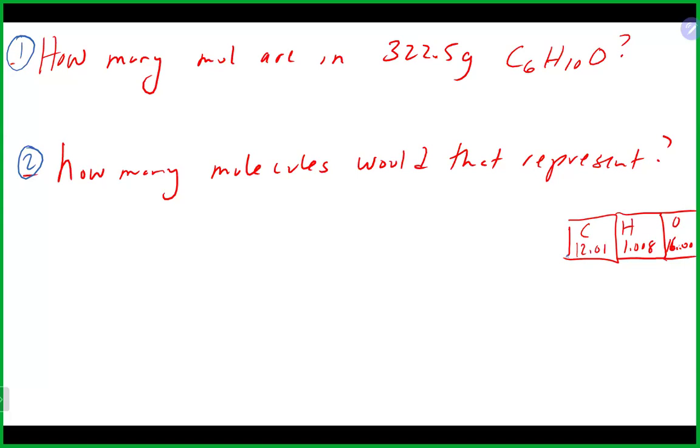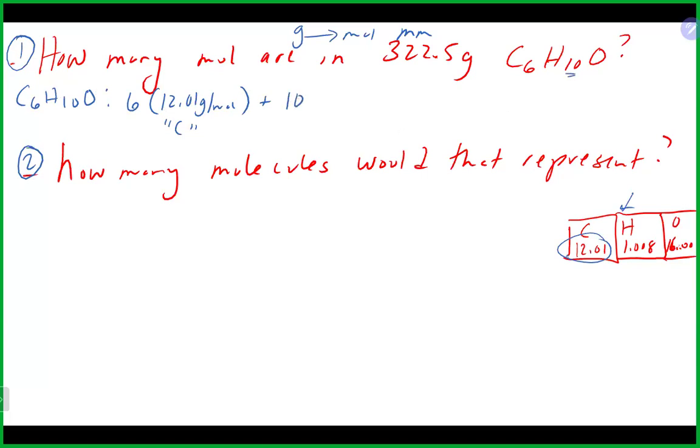Let's start with the first one here. Do we need Avogadro's number on this one? How many moles are there in 322.5 grams? No. So this is again going from grams to moles. That is the molar mass, and that is the periodic table where we get that from. So once again, we're just going to add up all the parts in this formula. For C6H10O, there are 6 carbons, each from the periodic table 12.01 grams per mole. That represents our carbons. There are 10 hydrogens there, each from the periodic table, 1.008.